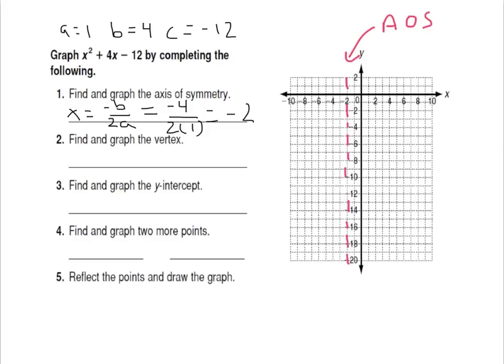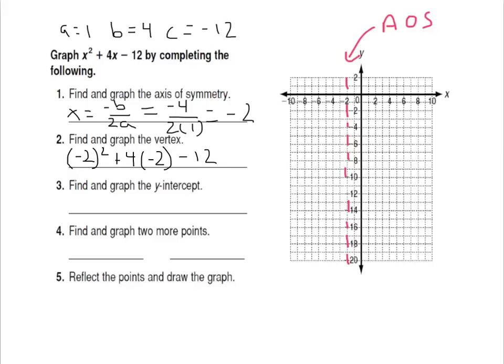In order to find the vertex, we know that we need to plug in our x value from the axis of symmetry back into the equation. So I'm going to have negative 2 squared plus 4 times negative 2, then minus 12.